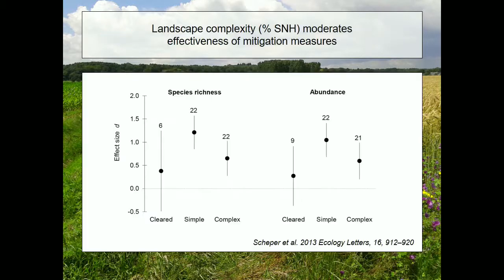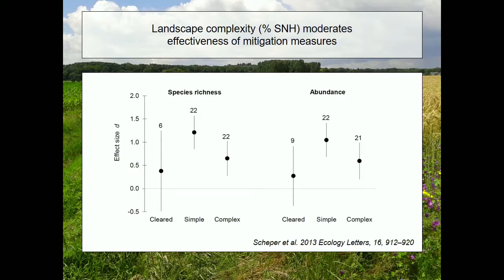And we looked at the effect of landscape context, already discussed in a previous talk, but just quickly. What we found was that over here you have the effect size, so if it doesn't cross 0, it's a positive significant effect. We found that the effectiveness of measures is highest in simple landscapes. In cleared and complex landscapes, effectiveness is lower.